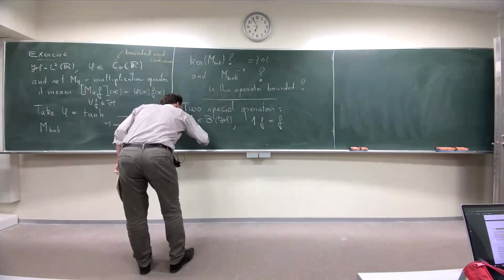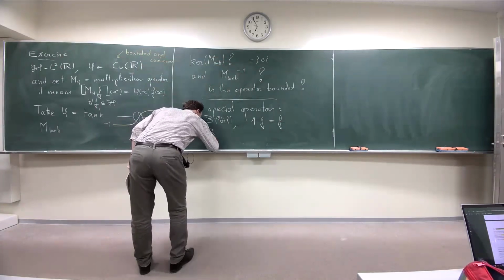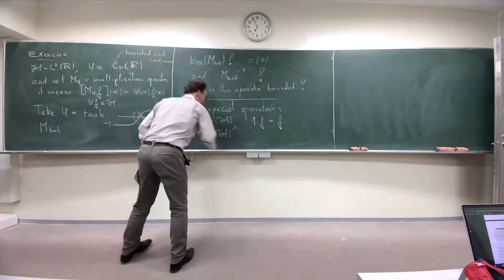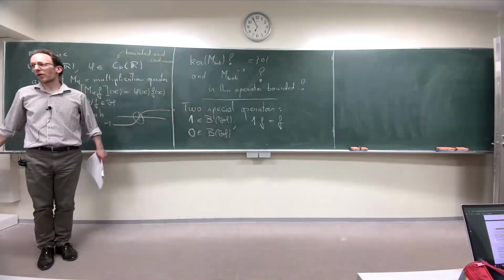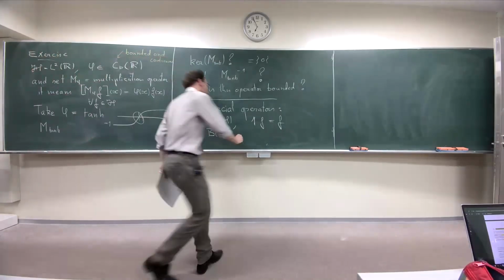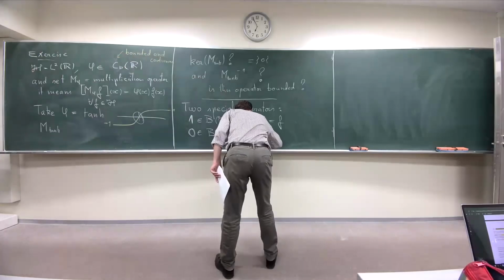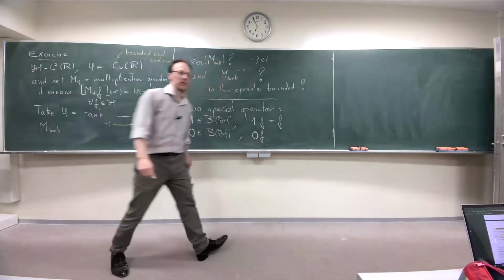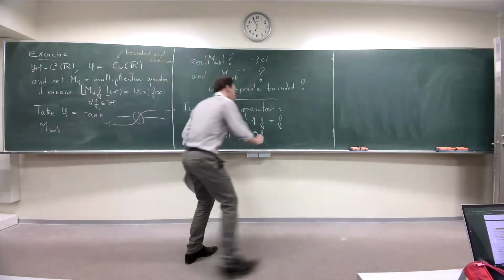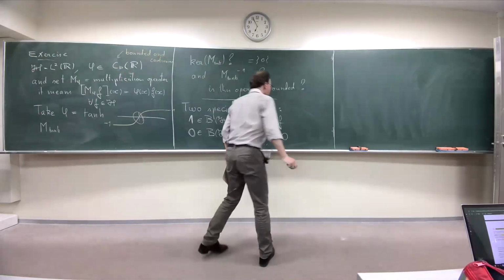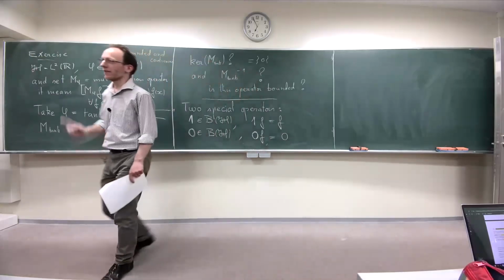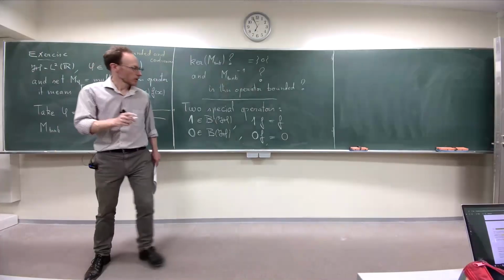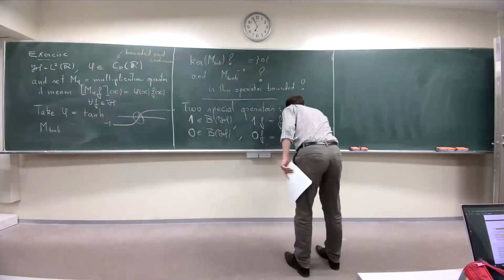What is the other very simple operator? The 0 operator. What is its action? The 0 operator on any F gives you 0. Be careful, this is not the number 0. This is the 0 of the Hilbert space.